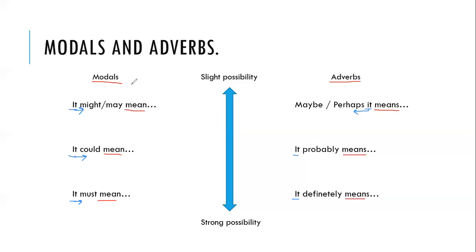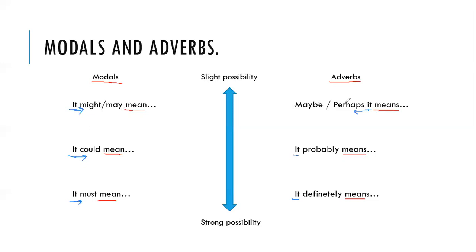Difference number one, if we are working with modals, we use the verb mean in its base form. When we use adverbs, we use the verb mean with the third person by adding an S. And difference number two is that the placement or the position of the adverbs or modals is always after it, after the subject, with the exception, as I said, of maybe and perhaps.